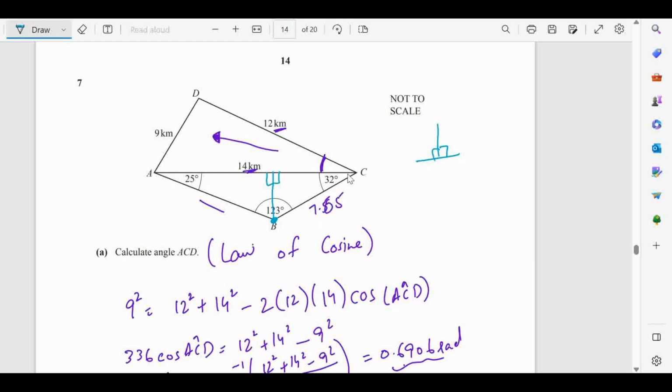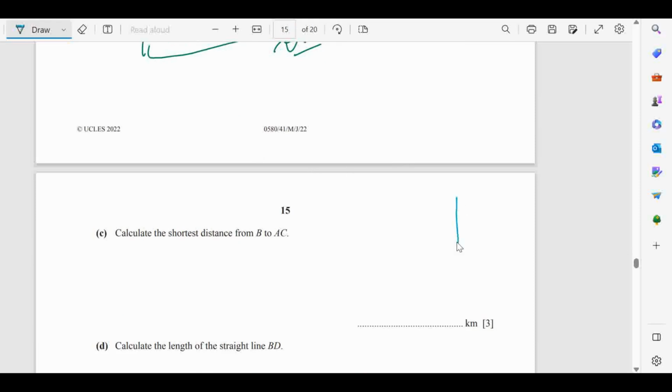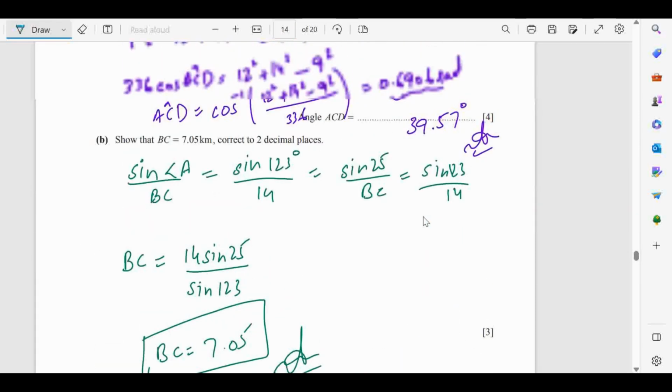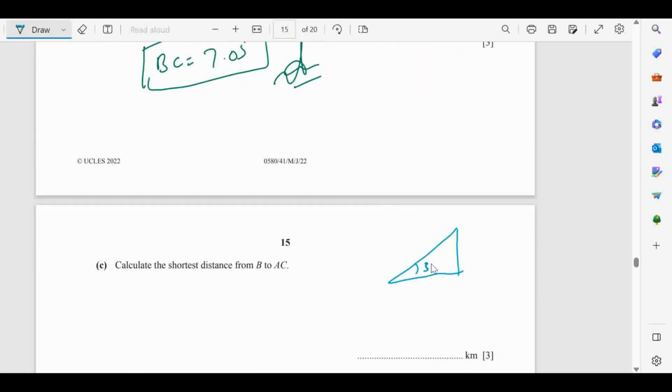So now this is a right angle triangle, and let's say this one is X. The shape will be like this, and the angle is 32 degrees.